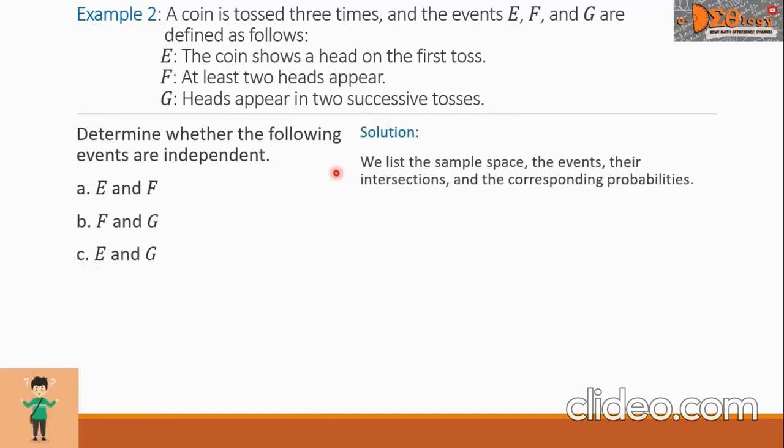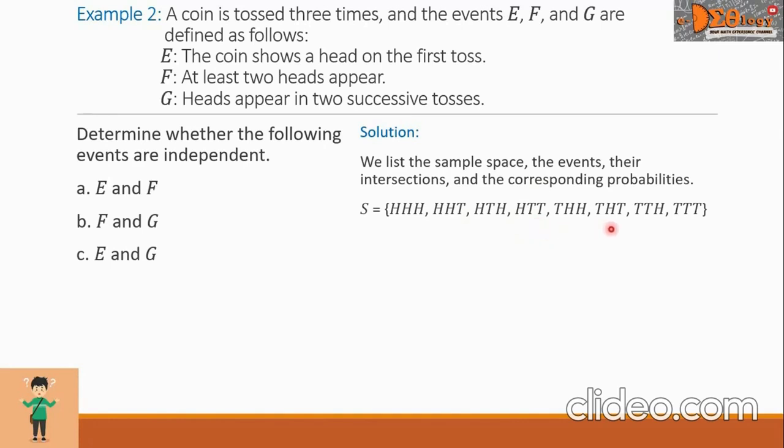For our solution, first we're going to list the sample space, the events, their intersections, and the corresponding probabilities. Starting with the sample space, there are 8 possibilities: first HHH and HHT, then HTH, followed by HTT, and then THH.